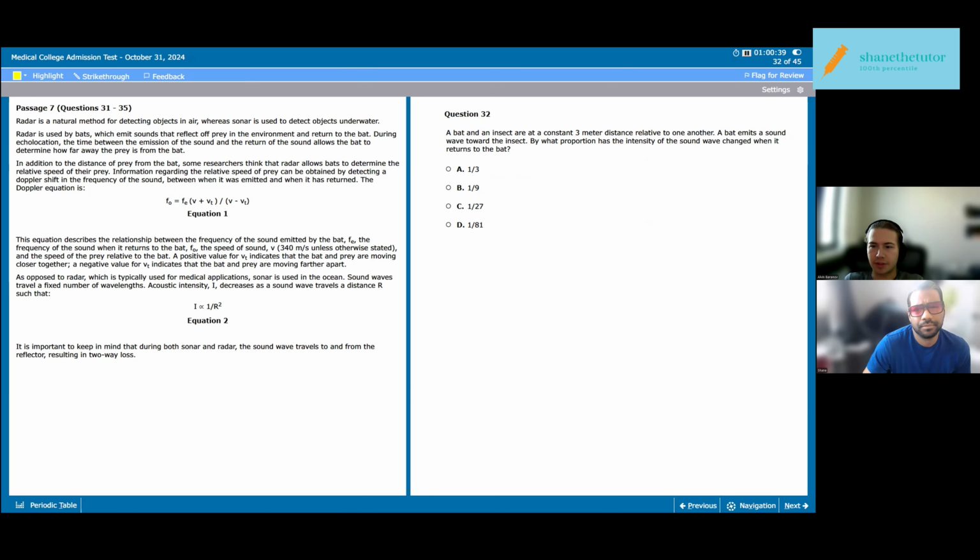My question was, would we have to include the distance that it travels there and back, right? Then it would be D, the two-way loss. Okay, that's true.